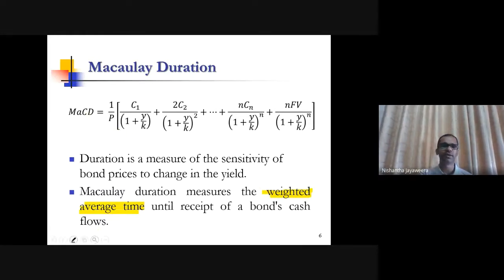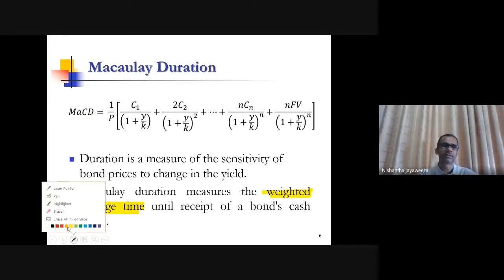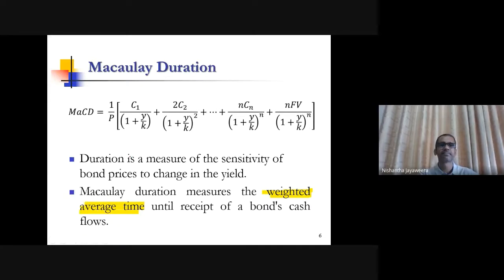So if we go back to this equation, you can write this one as 1 into C1. What is this one? That is the time. This 2, time. N is timing.